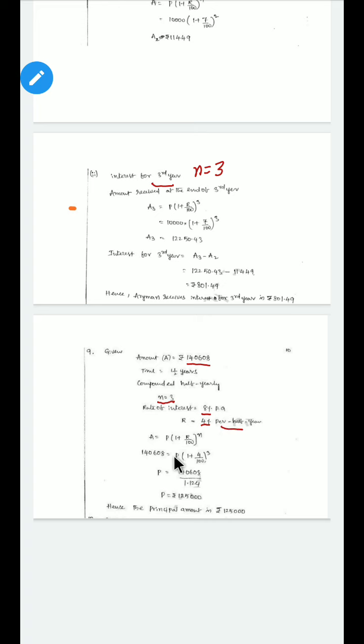You have to find the value of P. So we know that A is equal to P into 1 plus R by 100 whole to the power n. This is the relation between A, P, R and n. A is given, R is given and n is given. So just put the values. P is left here. You can find the value of P from here. Now in this way you can solve the rest of the problems in this exercise.